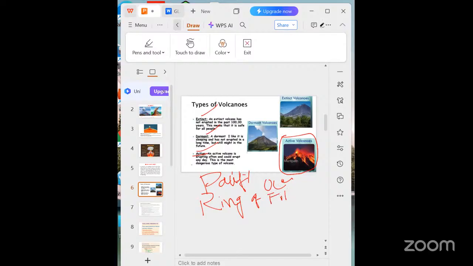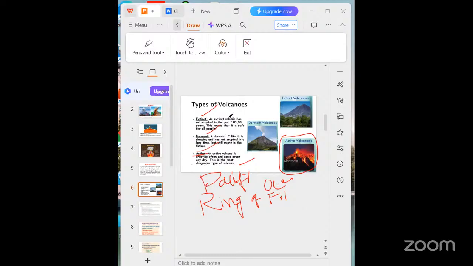They are spread over about 15 countries. So remember the definition: an active volcano is erupting often and could erupt any day. This is the most dangerous type of volcano, as it continuously goes on erupting.